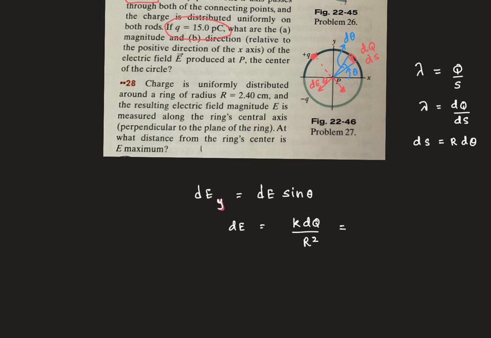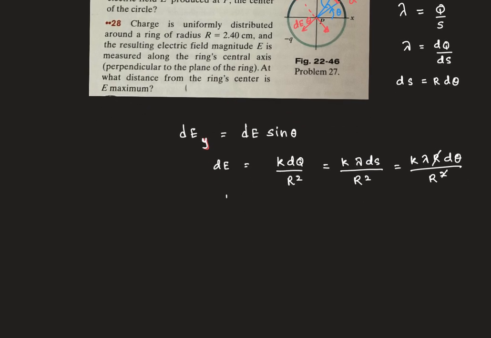And then dq is given as lambda ds over r squared. And ds is given as r d theta. So you have k lambda r d theta over r squared. That's our dE. So if you cancel an r, that gives us dE equals k lambda over r d theta.